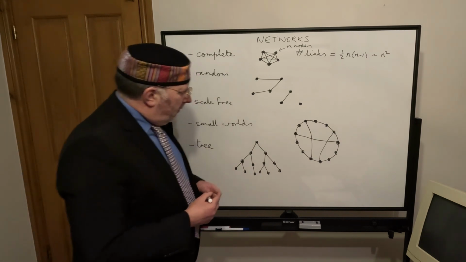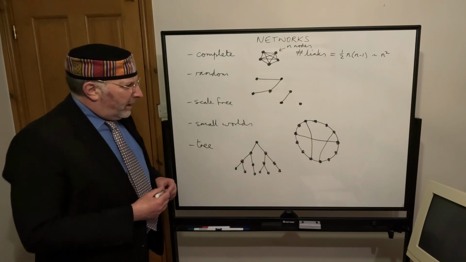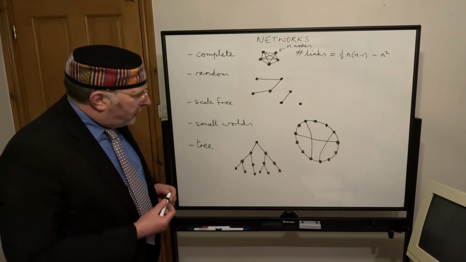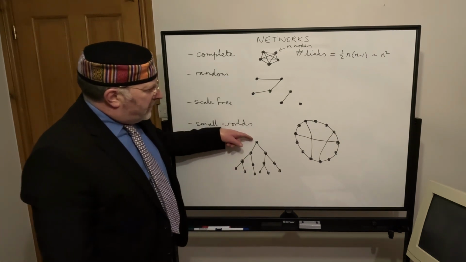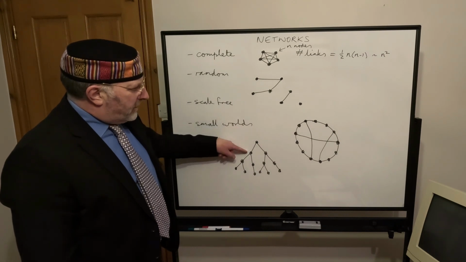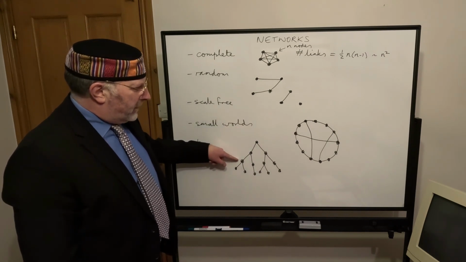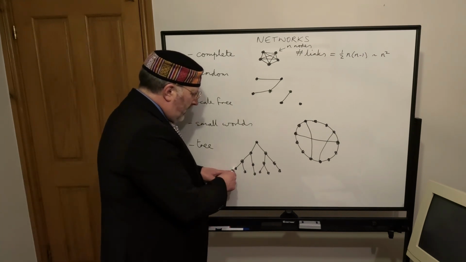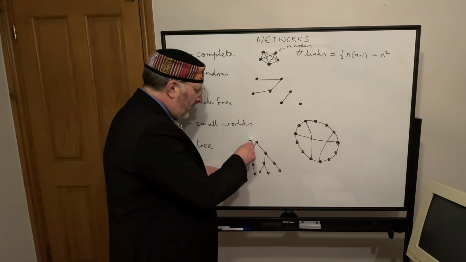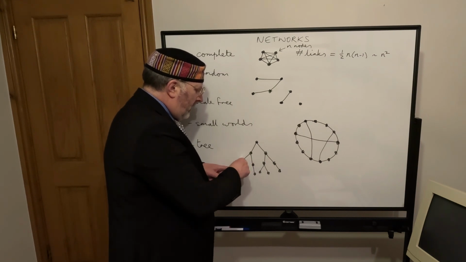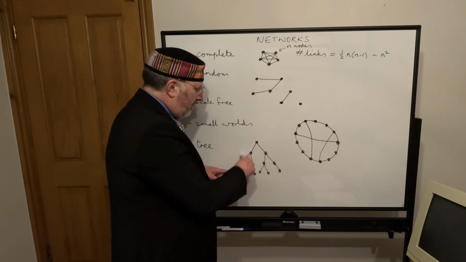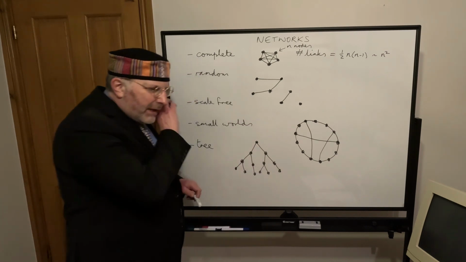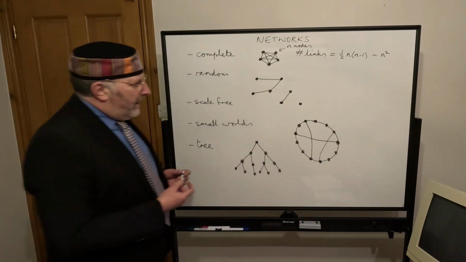And this is characteristic of political hierarchies, because there's a ruler who has subordinates who have other subordinates, and who have the ordinary people, the peasants at the bottom, and then there's no reverse influence. There's no control backwards. There are no loops in the tree network.